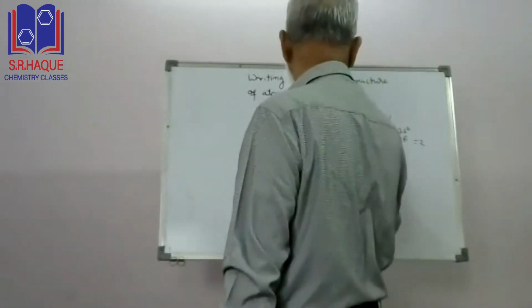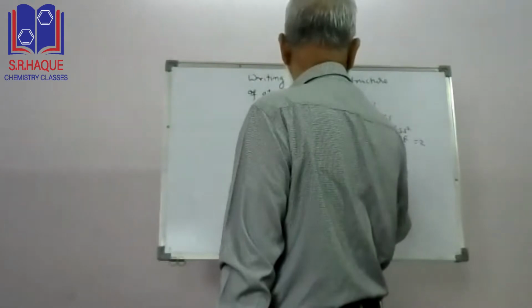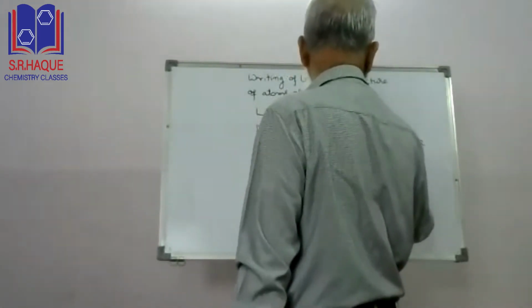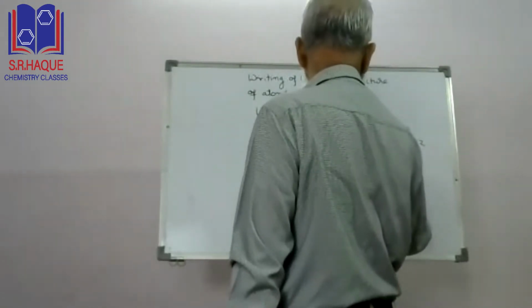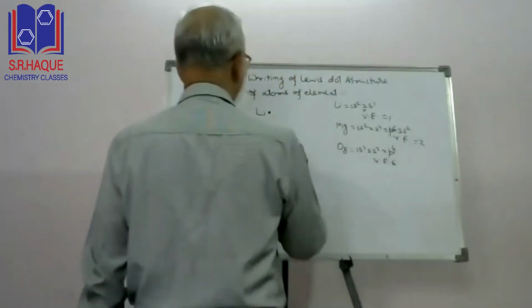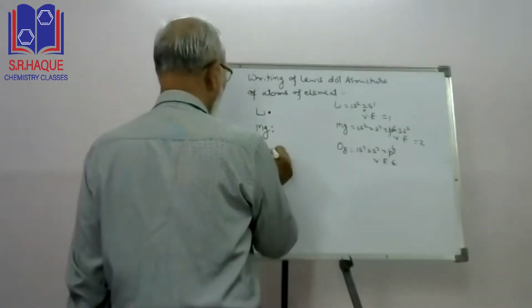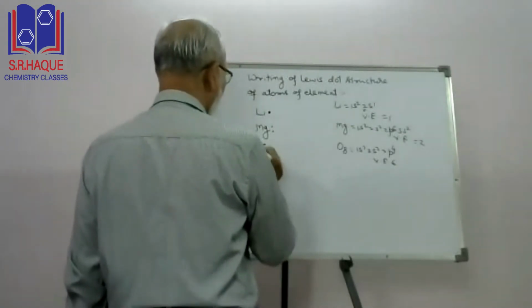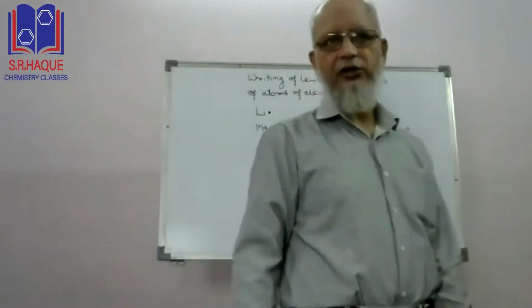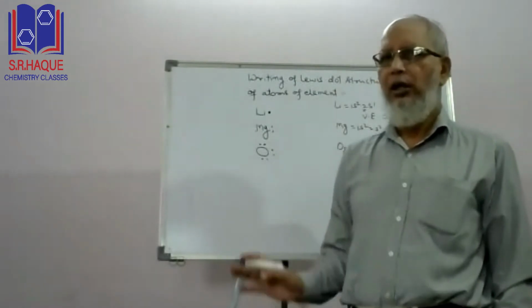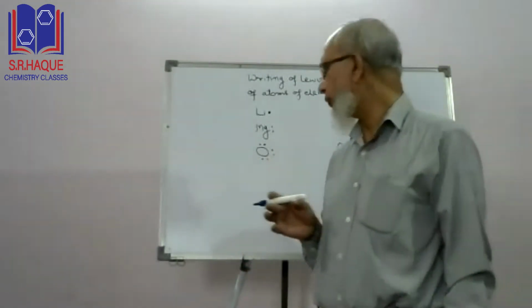Oxygen: 1s2, 2s2, 2p4, valence electrons 6. Therefore, the Lewis dot structure of oxygen will be like this: 6 electrons. These 6 dots represent the valence electrons present in the electronic configuration of the element.